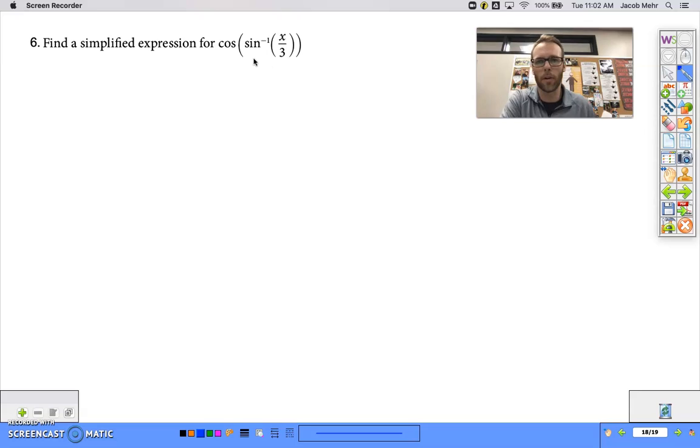Okay? So remember again that this means the angle whose sine is x over 3. So let's draw a triangle.